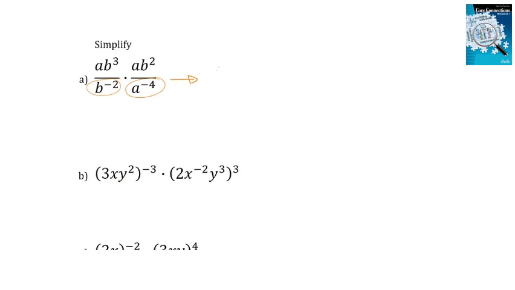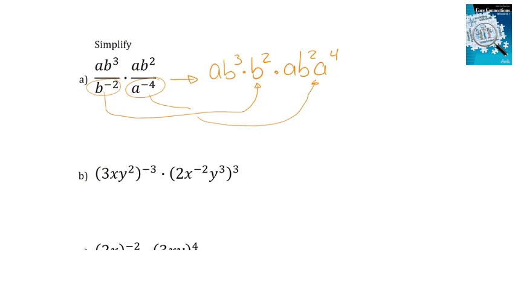I can write the ab cubed, and then I'm going to bring up a b squared. This b squared is the one that was in the denominator and it was negative. Now it's not in the denominator, it's up in the numerator. And then I can multiply by a b squared, and then this I can multiply by a to the 4th power. Notice it was a negative exponent and it was in the denominator, and I've moved it up top.